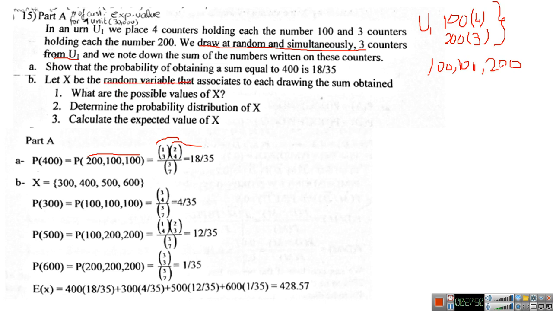Let X be the random variable associated to each drawing, the sum obtained. Either you have 400. We want to draw 3, don't forget. Or you draw 100, 100, 100, so this will lead us to 300.